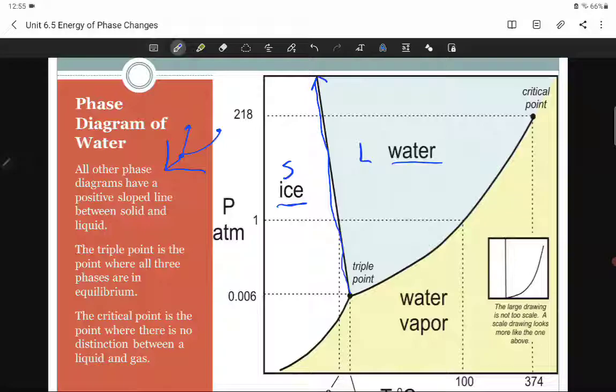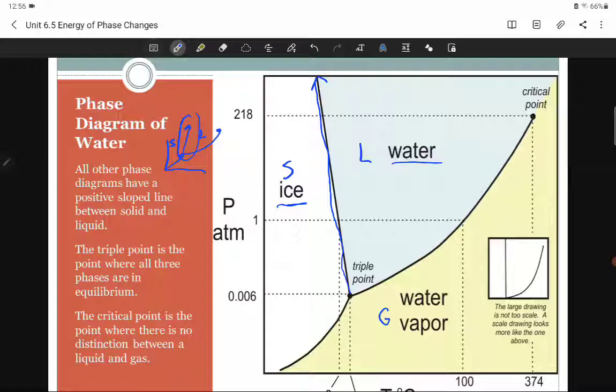Now, again, people draw this not to scale so they can emphasize this negative slope. Most other substances, or all other substances I can think of, have a positive slope between the solid and the liquid.